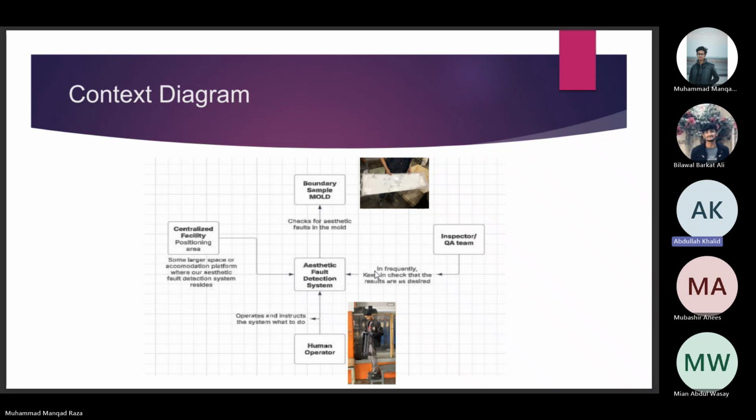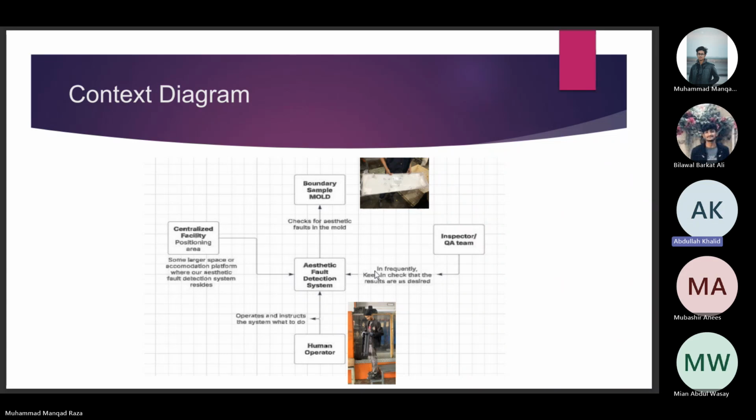You can see the boundary sample, which would be used by the human operator or the inspector, or anyone from the QA team, who will utilize the boundary sample within the system.